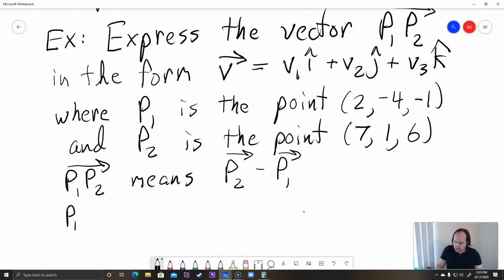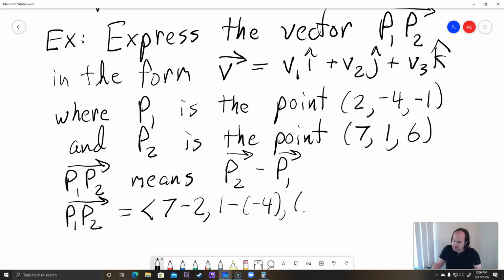We're going to get P1P2 equals, subtracting, 7 minus 2, comma, 1 minus negative 4, comma, 6 minus negative 1.